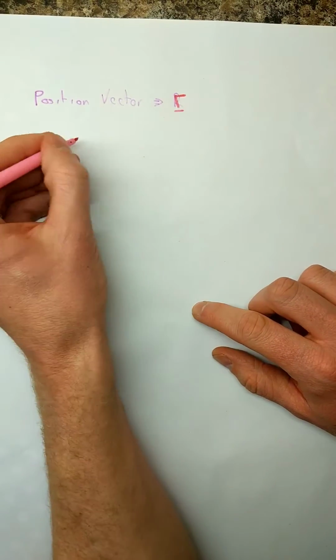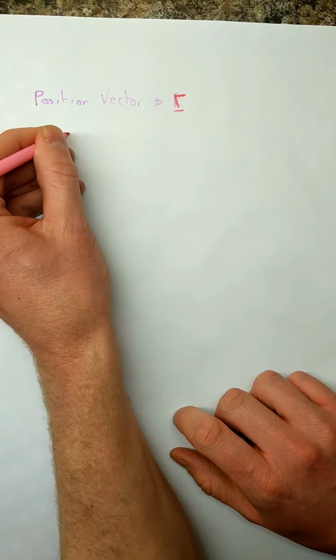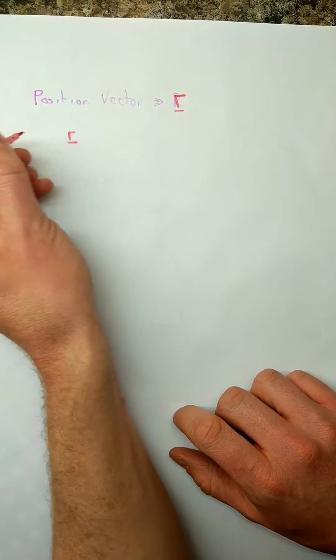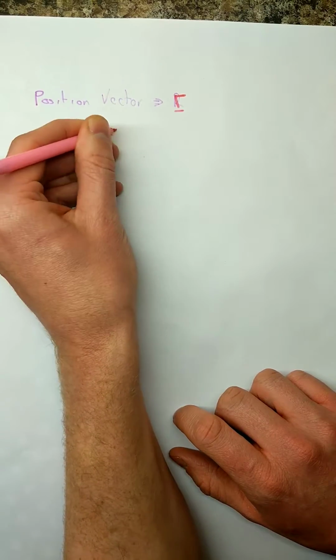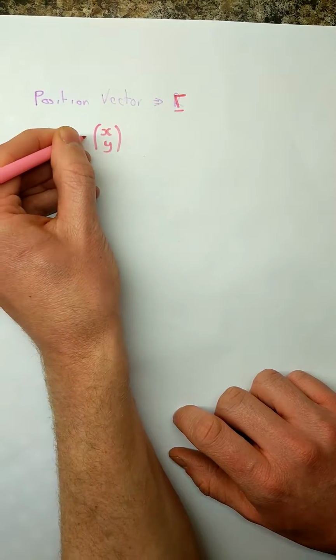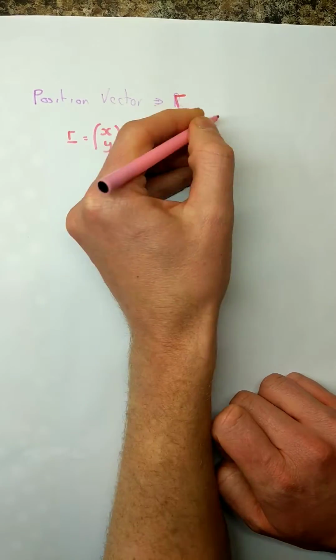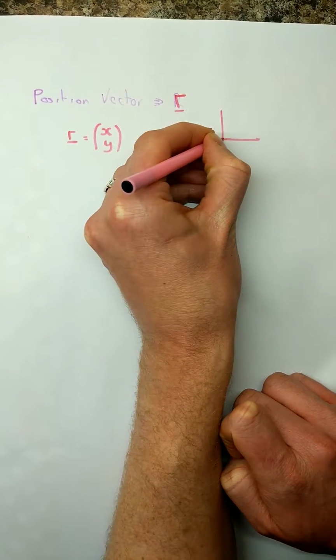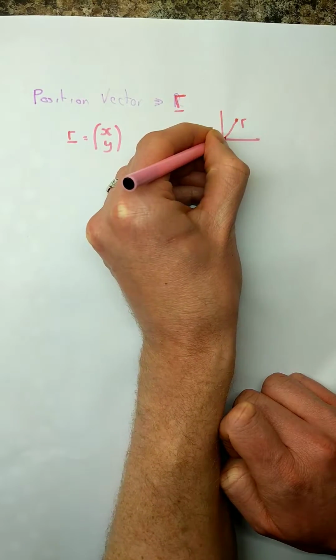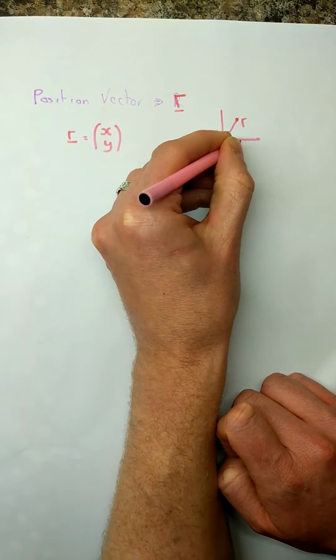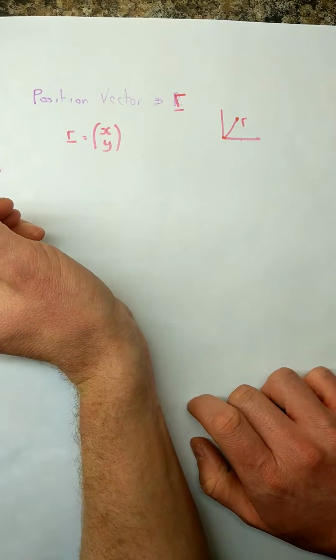What the position vector basically means is that it is in relation to the origin. It could be written as a column vector of x, y. Remember it's coming from the origin. If we've just got an r, it's going back to the origin in the x direction and the y direction.